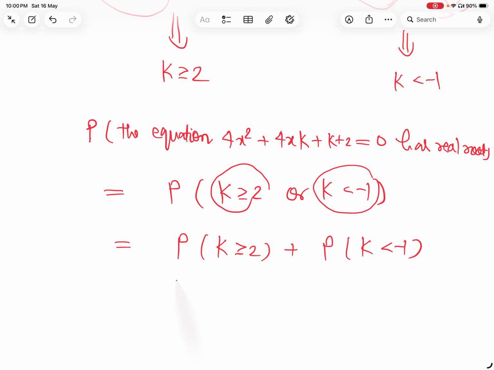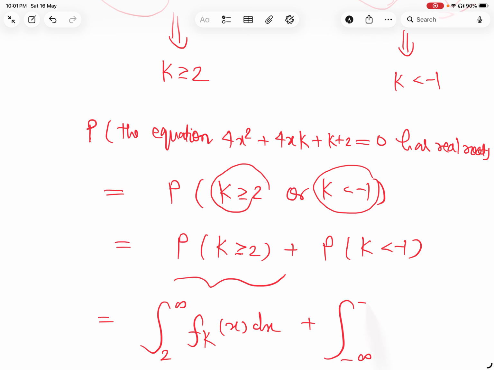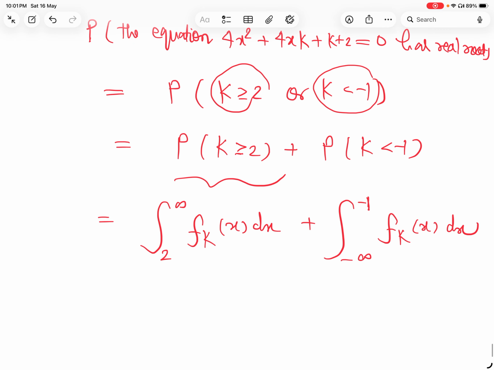So this is nothing but the integral from 2 to infinity of f_k(x) dx plus the integral from minus infinity to minus 1 of f_k(x) dx. On the interval 2 to 5, it is 1 upon 5 dx, and the rest it is 0. From minus infinity to minus 1, it is actually 0.